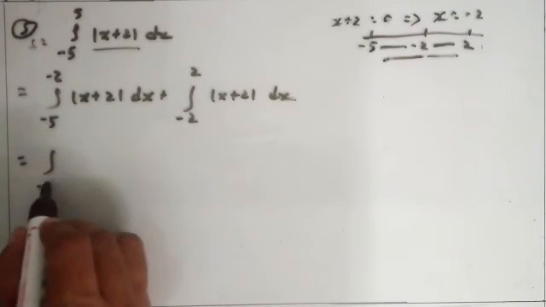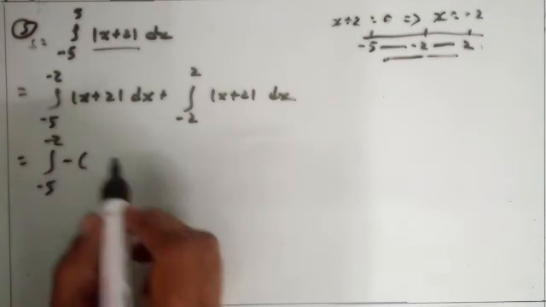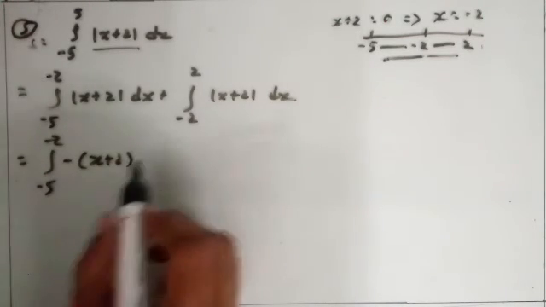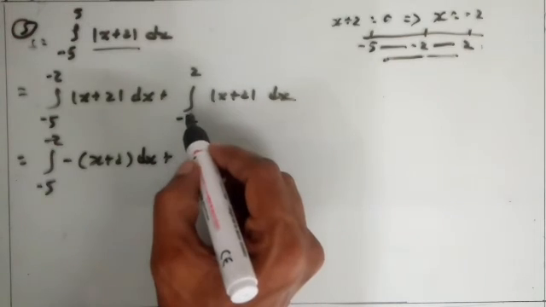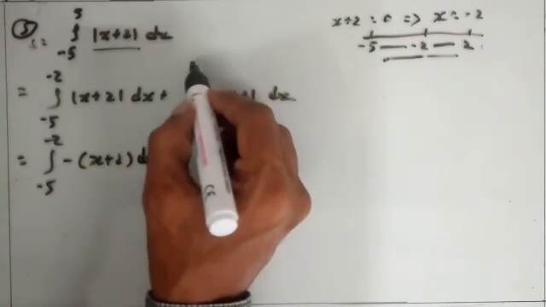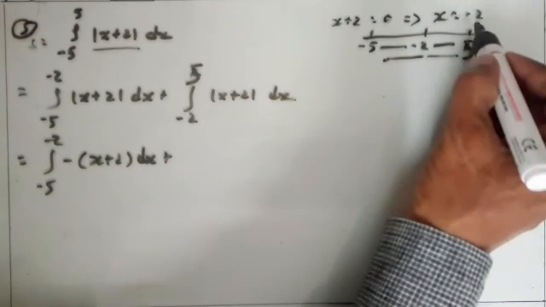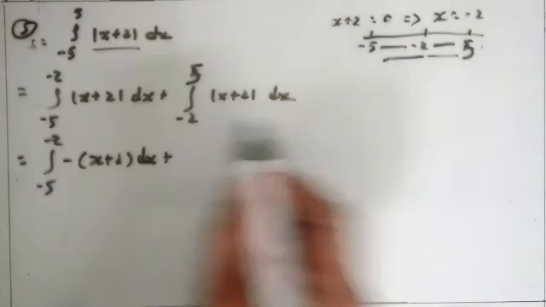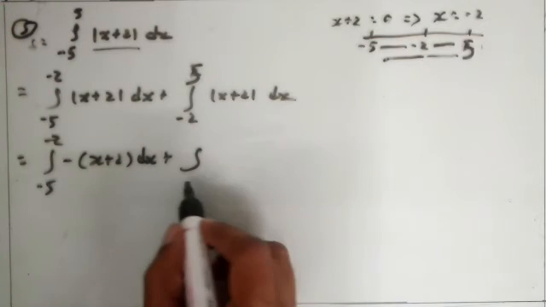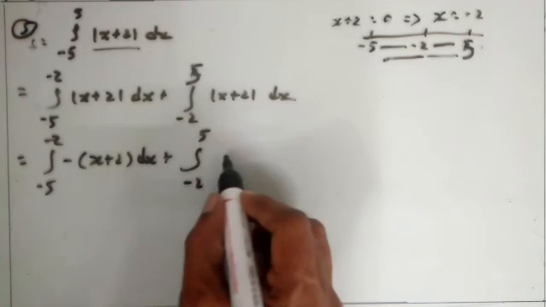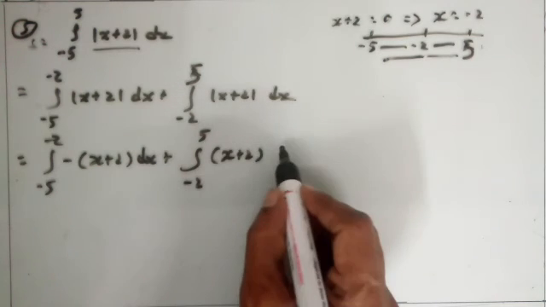So for the integration minus 5 to minus 2, remove the magnitude and we get minus of x plus 2 dx, plus minus 2 to 5 of mod of x plus 2, which becomes positive. So x plus 2 dx.